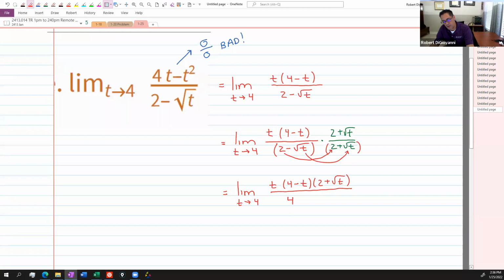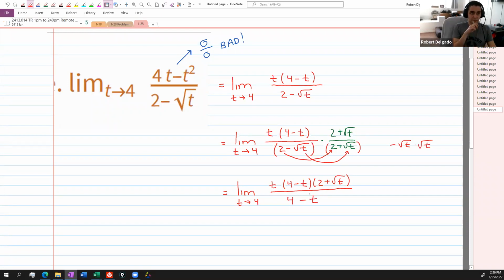What about the last term? Negative root t times root t gives you what? Negative t. Do you see this? Yeah. And you're no longer going to have division by 0 because if t goes to 4, that's gone now.